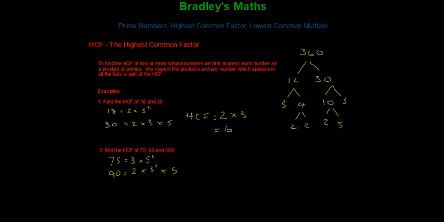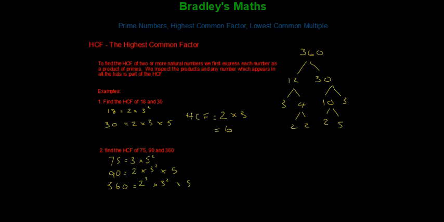So we have prime numbers on the end of every branch. So we can say that 360 equals 2 cubed. There are 3 2's, 2 squared, 2 cubed. So it's 2 cubed times 3 squared times 5.